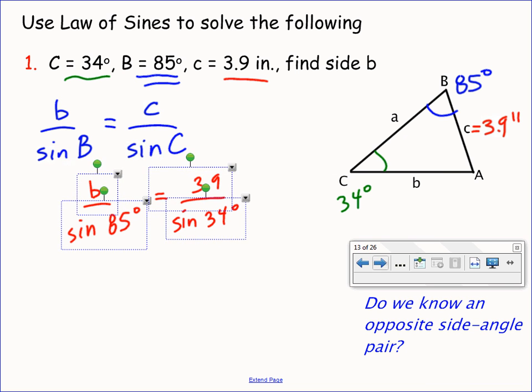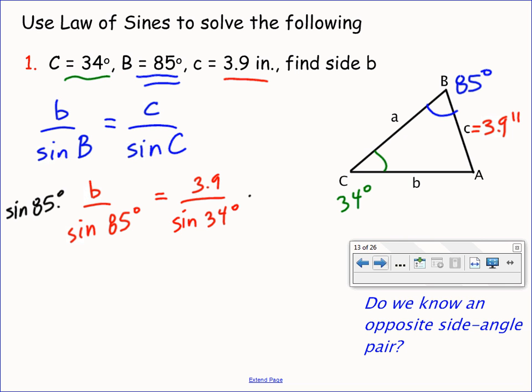What would you do to both sides to solve for b in one step? Hannah? Multiply both sides by? Absolutely. Thank you. We're going to multiply both sides by the sine of 85 degrees, and that will solve for b in one step.